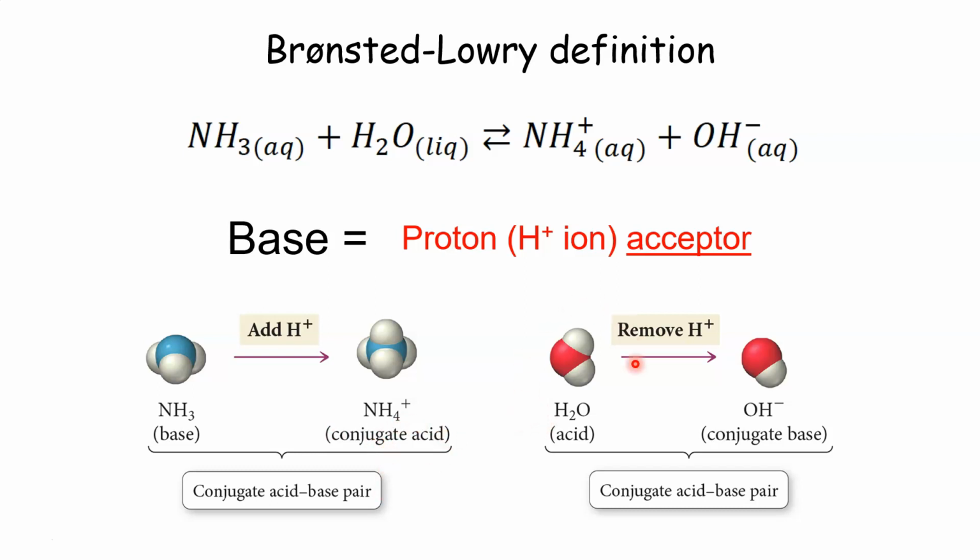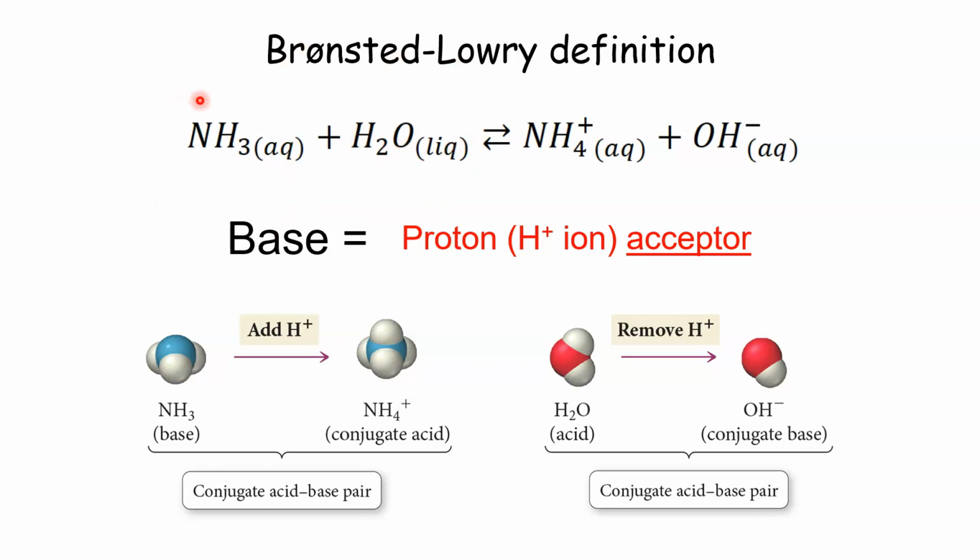Here we have water as our acid, and then losing a proton to make hydroxide. That would be the conjugate acid-base pair, okay? So in our equation up here, we have NH3 acting as a base, and we have water acting as an acid. Water was the proton donor.